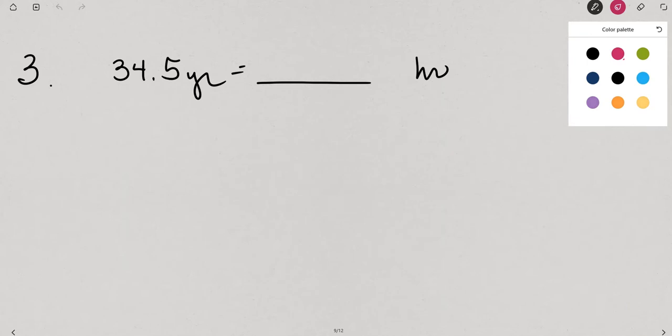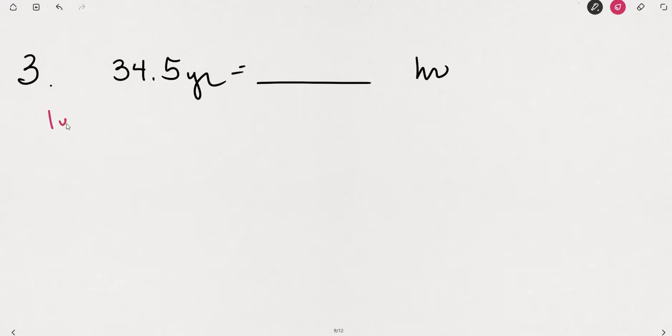In this example, we're going to convert from years to hours. So we need to know a few unit conversions. We need to know that 1 year is 365 days. And we need to know that 1 day is 24 hours, right?